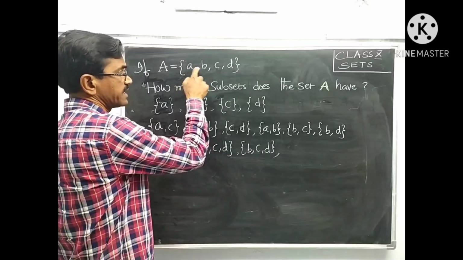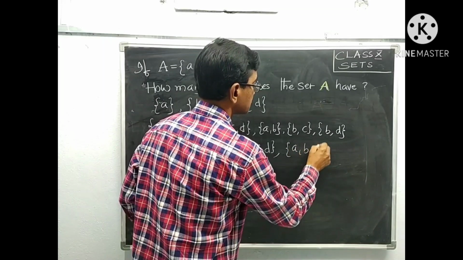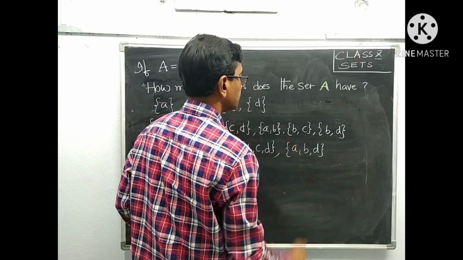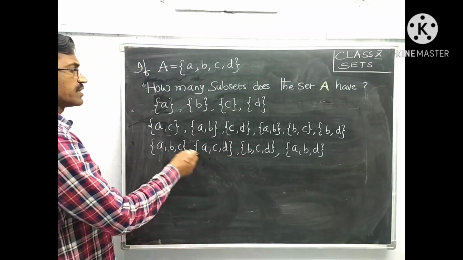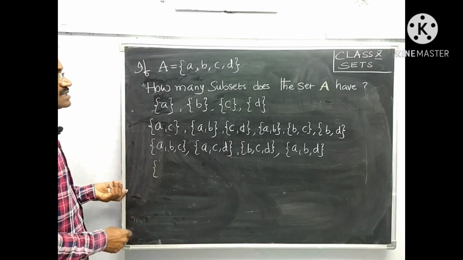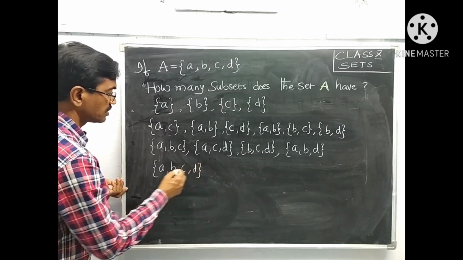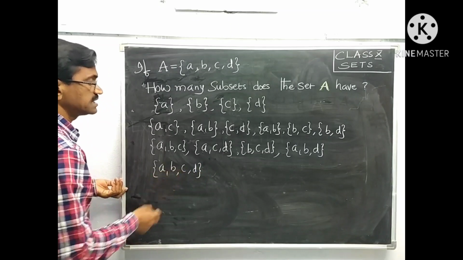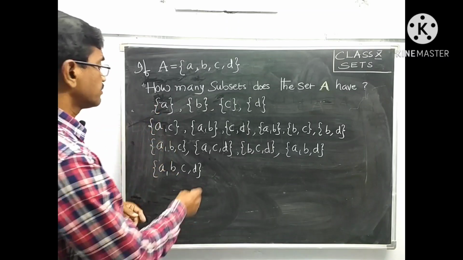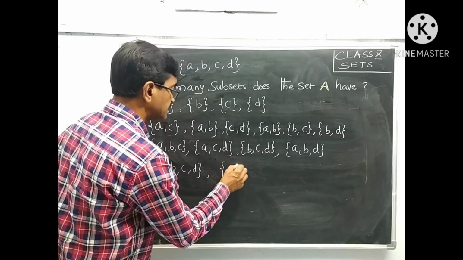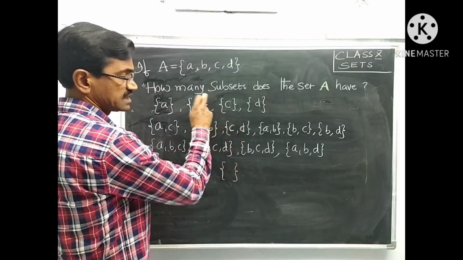ABD is also there, ABD is also a set. Therefore, let us take four elements, A, B, C, D. There is only one subset with four elements. Moreover, phi, the empty set, is a subset of every set.